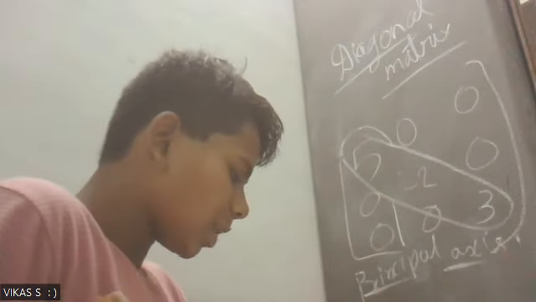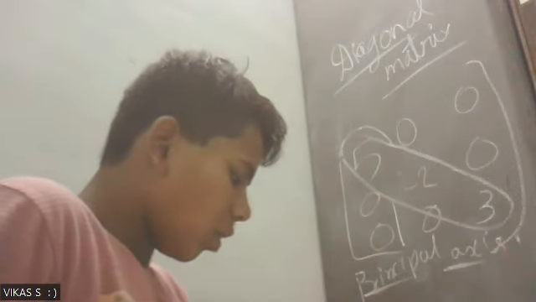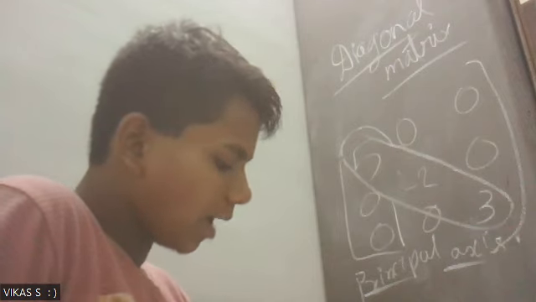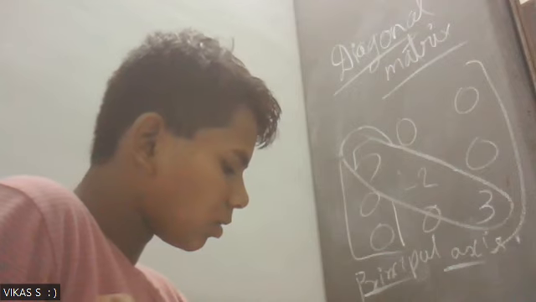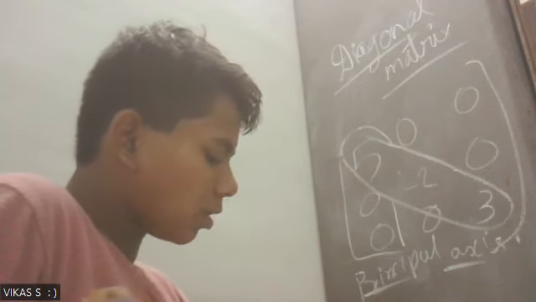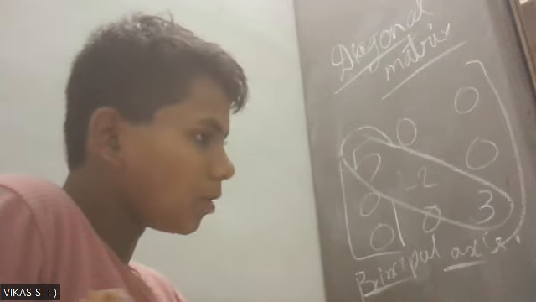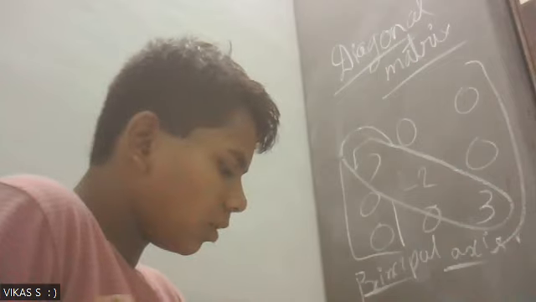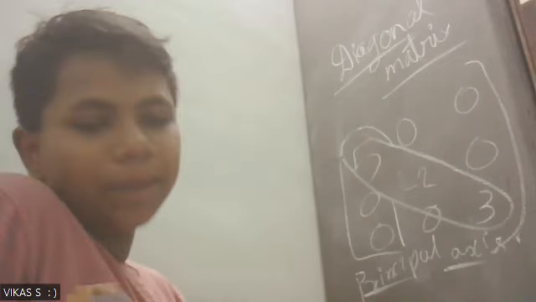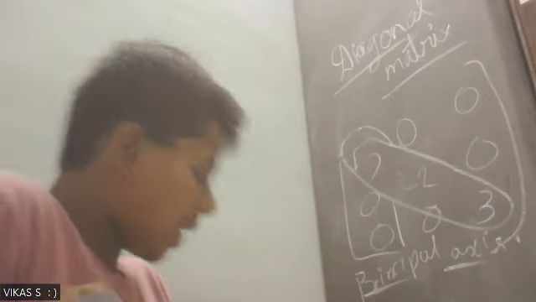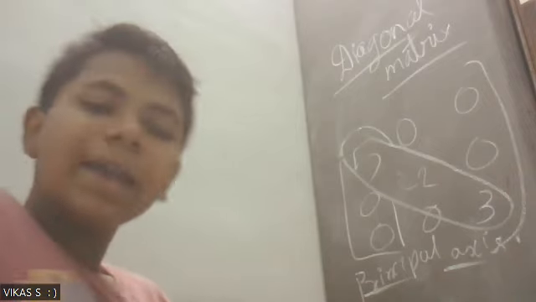In a square matrix, all elements are zero except the principal diagonal elements. So this is my definition.